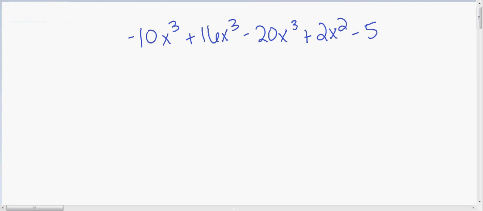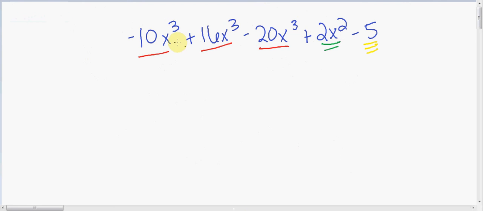Alright, so what we're going to do here is underline the like terms again. X cubes, these are all like terms. They all have x to the third power. The exponent is important as well. We have an x squared. We only have one of them, so we're just going to underline that twice. And we'll underline the constant 3 times. Okay, so we have actually 3 different groups of terms here.